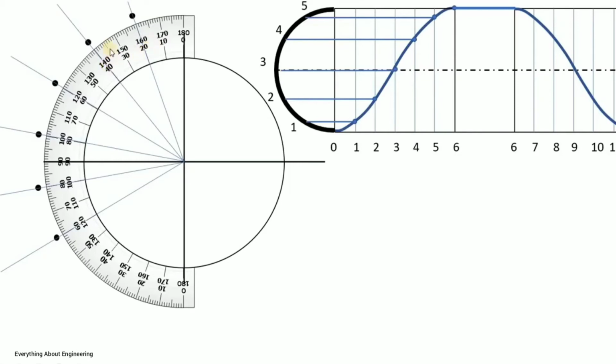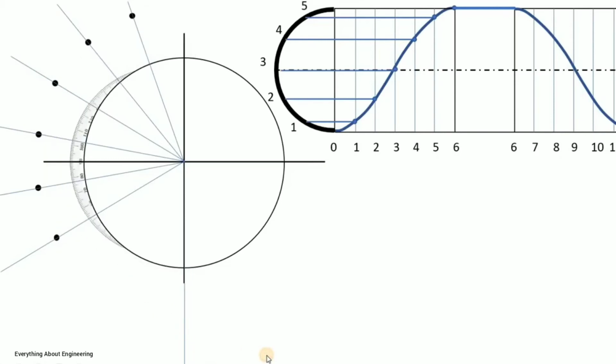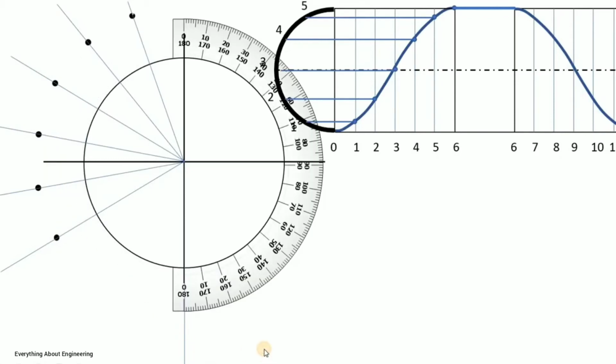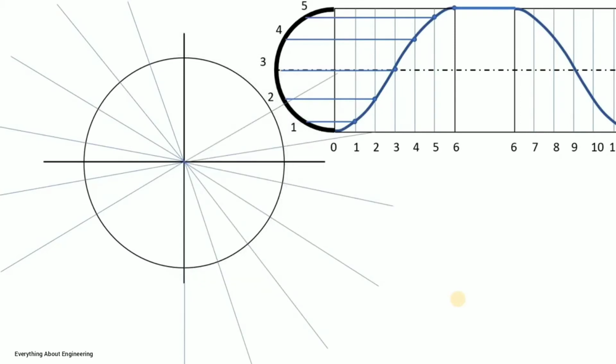So these are the lines which we have drawn at 20° from the center of the circle. The remaining 60° is for dwell. So from 120 to 180, this is the 60° angle which we have drawn over here. Draw the lines for the return stroke, which is also 120°. These are the lines which we have drawn for the return stroke.